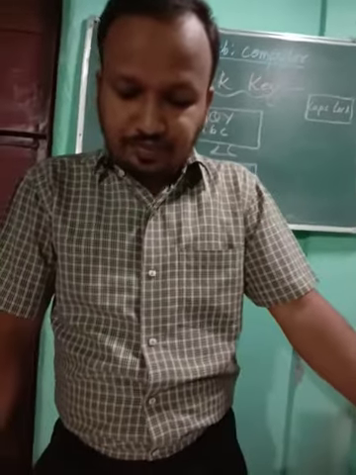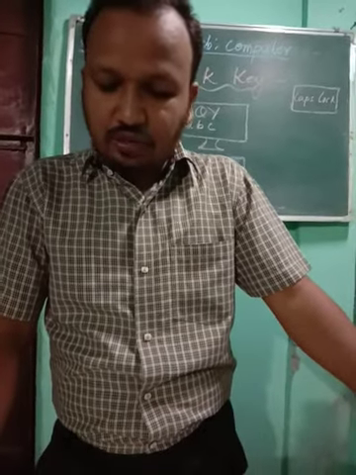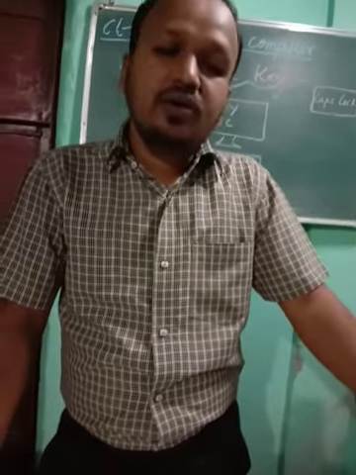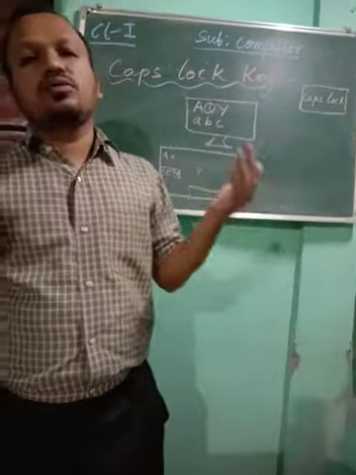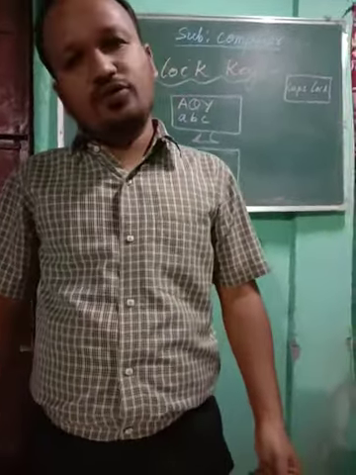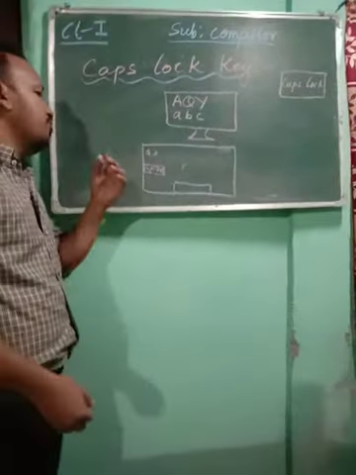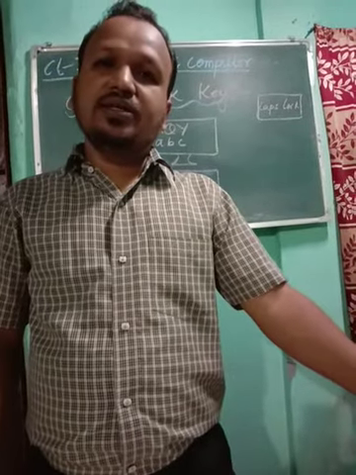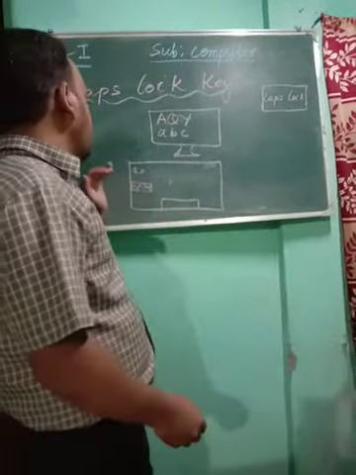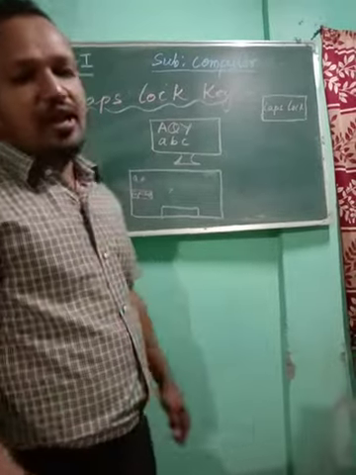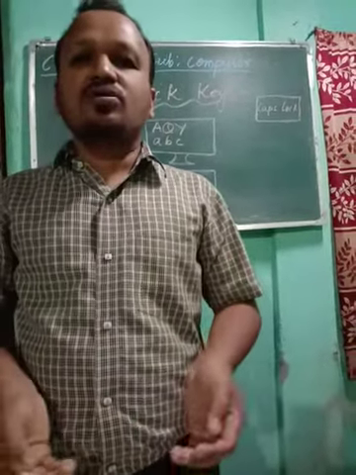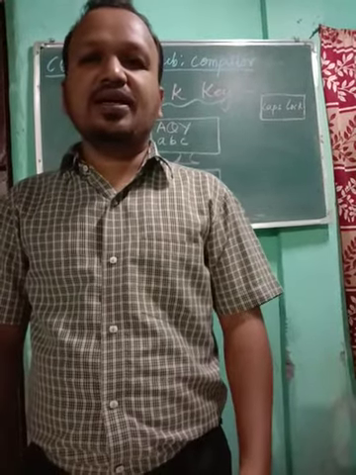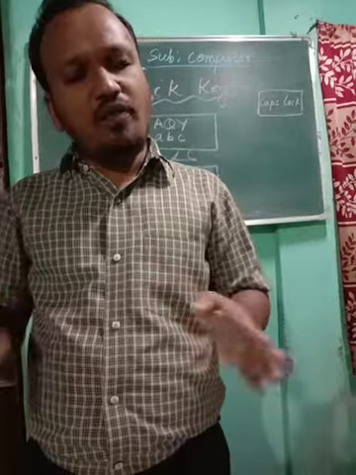Now look, after pressing the cap lock key, you can type the capital letter. Whenever you want to write a capital letter, what you have to do, children? You have to press the cap lock key. And if you don't want to type capital letters, you press the cap lock key once more and the light will be off.